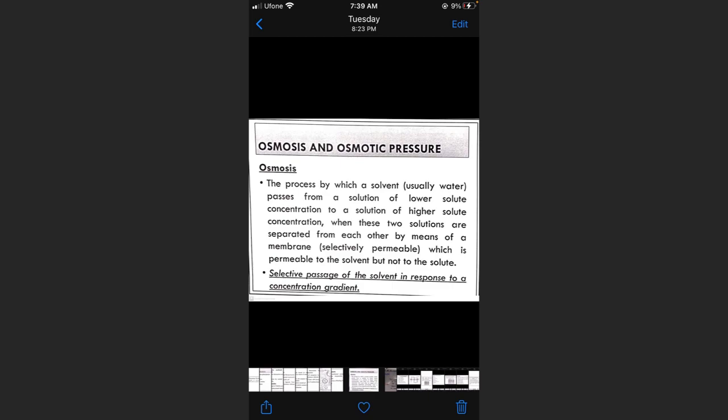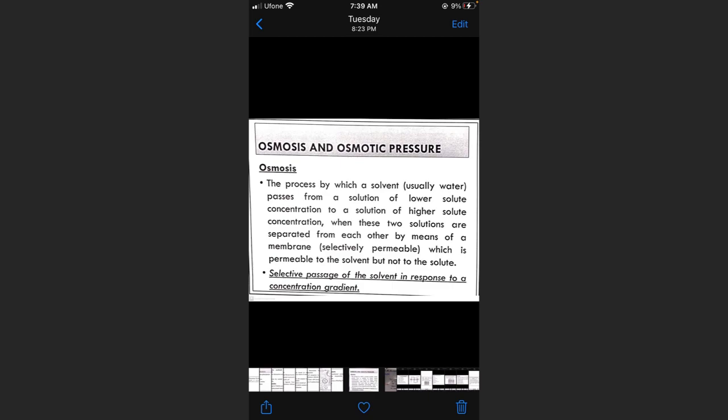Suppose a container is separated in the middle by a semi-permeable membrane, which is permeable to solvent but not to the solute. Therefore, selective passage of the solution in response to a concentration gradient occurs. This is the simple process of osmosis.